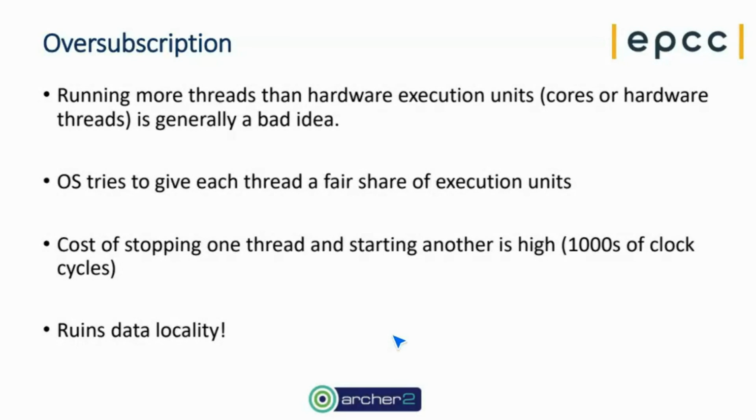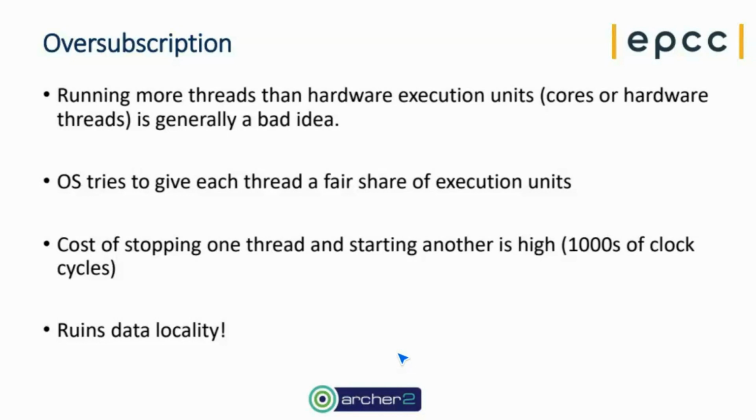And then, of course, the other way you can contend for hardware resources is by oversubscribing them. Running more threads than you have hardware execution units, be that cores or hardware threads, is generally a bad idea, because then the operating system has to try to give each thread a fair share of the cores, and then we're into context switching. The cost of stopping one thread and starting another is high, into the thousands or tens of thousands of clock cycles, and it also ruins your data locality.